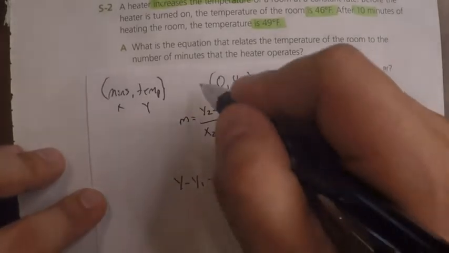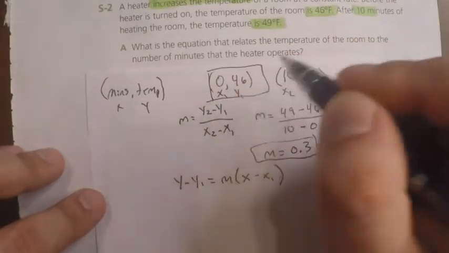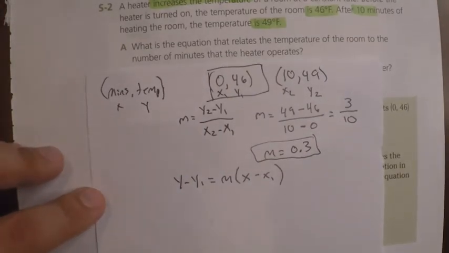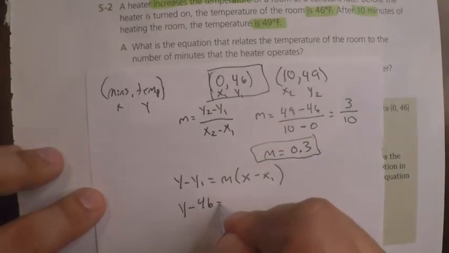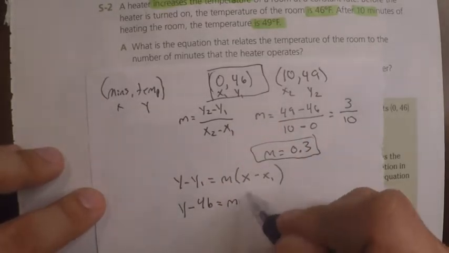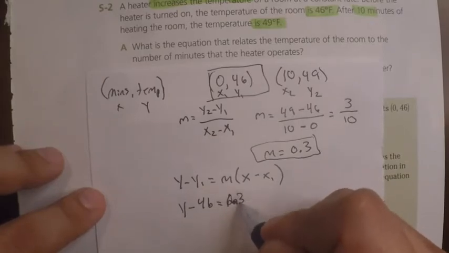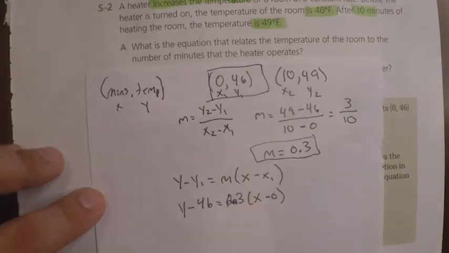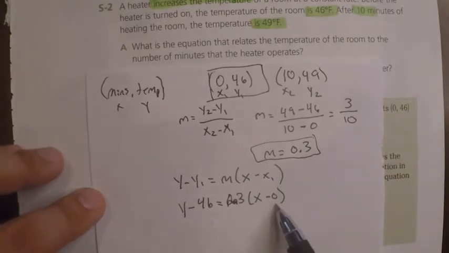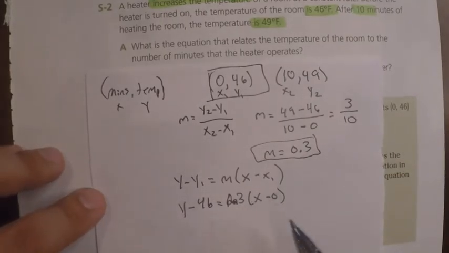For our point, let's use this first point because whenever we have a 0, it usually makes our math a little bit easier. So we have y minus 46 equals 0.3 times x minus 0. The reason we use the 0 here is because x minus 0 is just going to be x, so we don't even have to distribute.